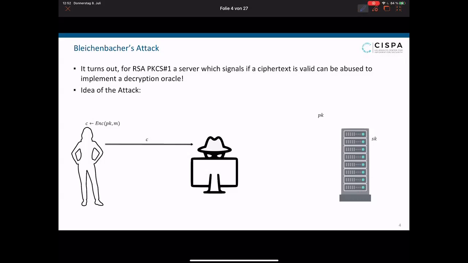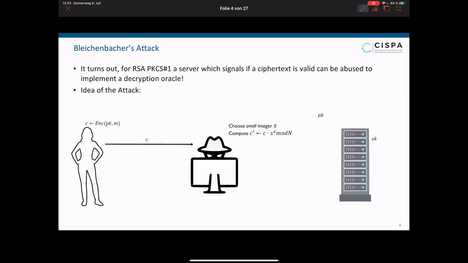What can he do? Well, of course, he can't just open the ciphertext. Let's assume RSA in itself is secure. So now he has to somehow use the server.